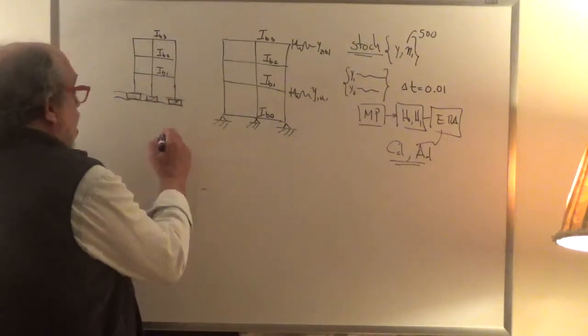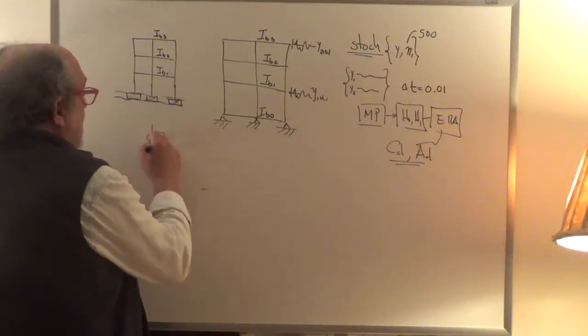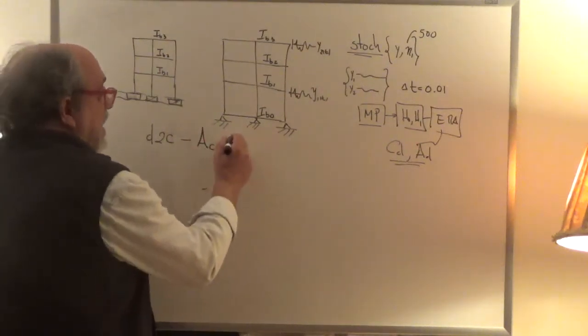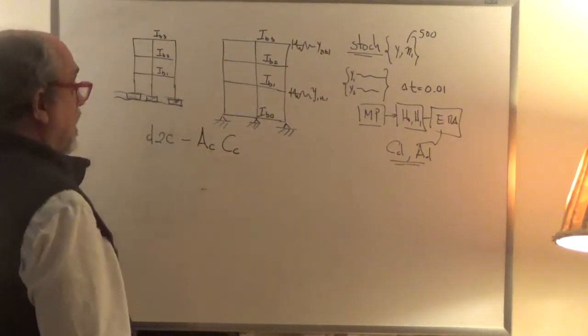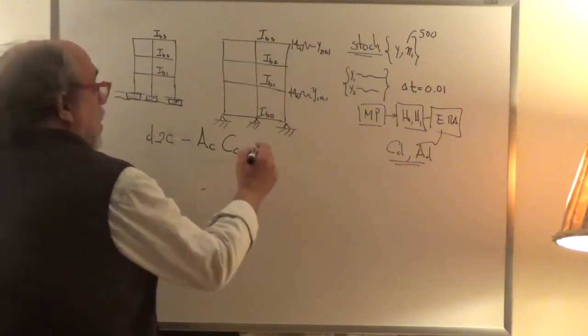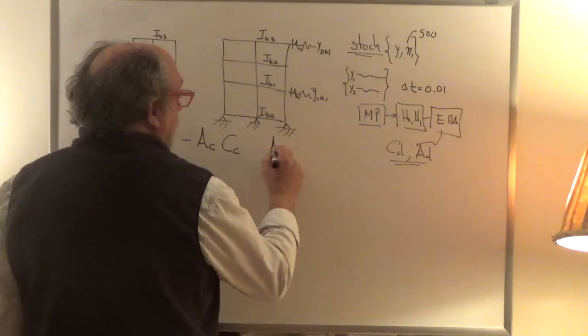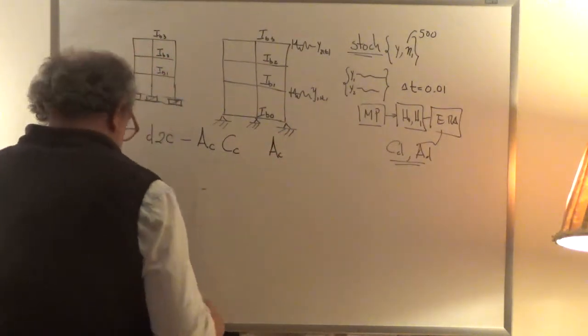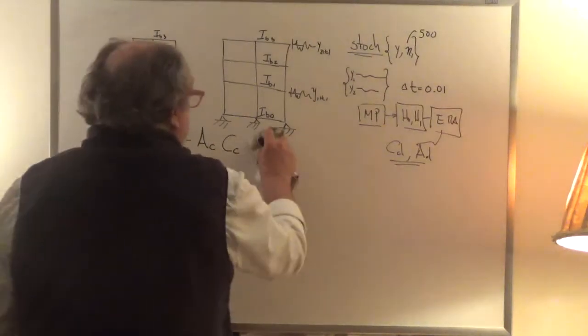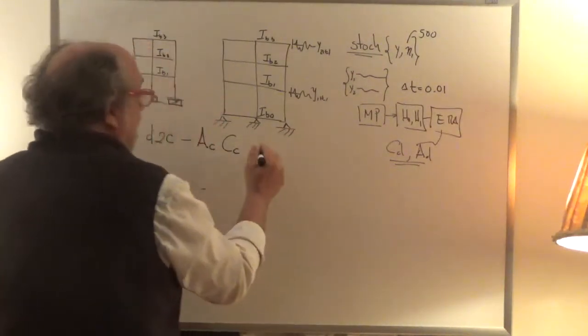Okay, so then I do my D to C, and now I have an A continuous, and my C continuous is just my C discrete, right? So I have this. Now I go to my A continuous, and I say, well, let me work under MATLAB notation instead of theory.